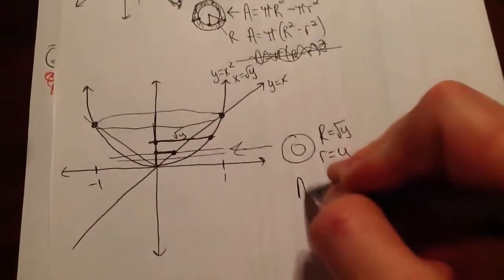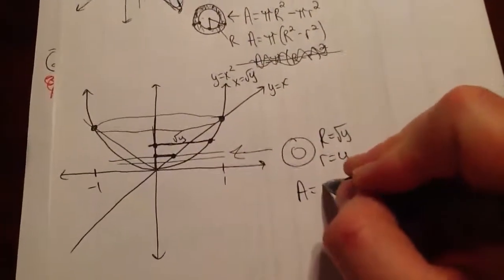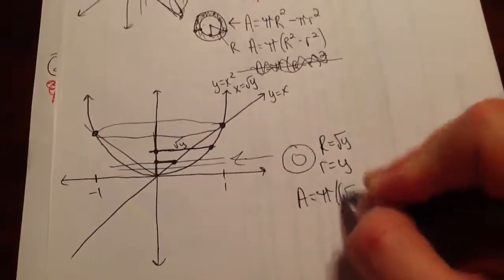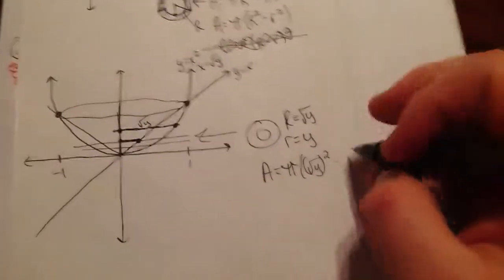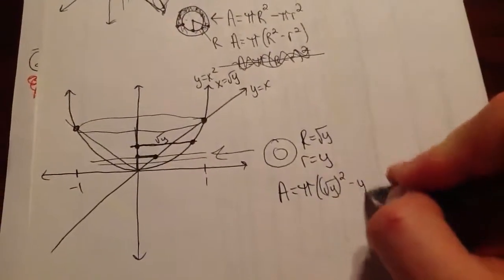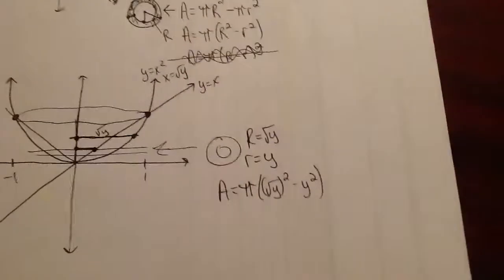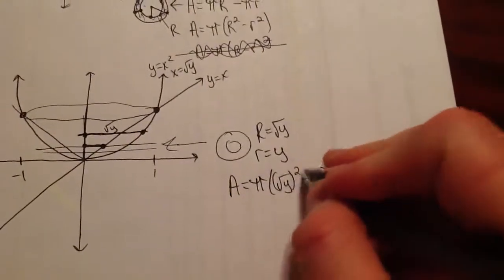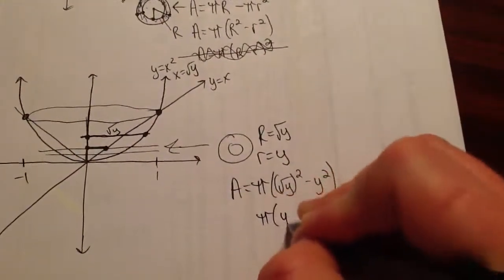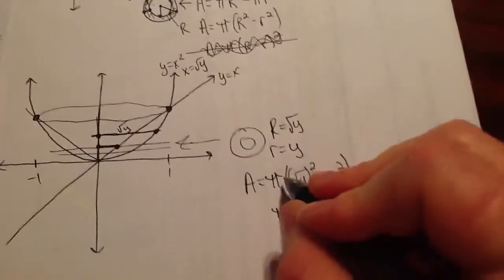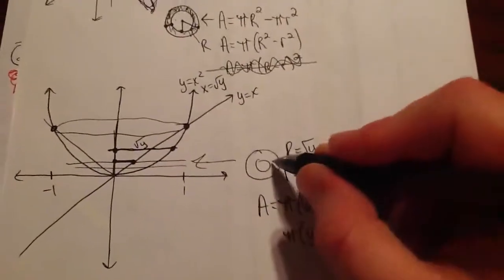So my area of my washer is just pi times square root of y squared minus y squared. That's it. Which is just y, so it's really pi times y minus y squared. If this confuses you, you could write the whole thing out.